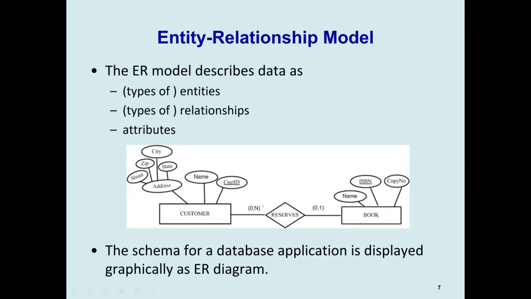Then capital N indicates multiple, so a customer may reserve multiple books. This gives a very flexible constraint: a customer may not reserve any book, or a customer can reserve multiple books.